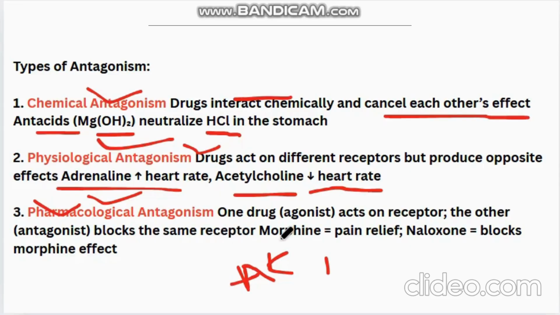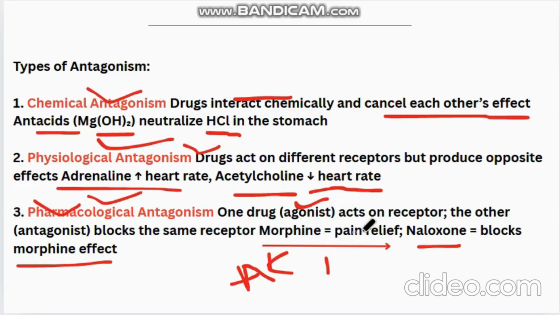Means one drug is going to produce an agonistic effect. One example is morphine. It is a pain reliever, it acts as pain relief, whereas naloxone blocks the effect of morphine. So one drug acts as an agonist, meaning it stimulates the receptor, and another drug blocks the same receptor.